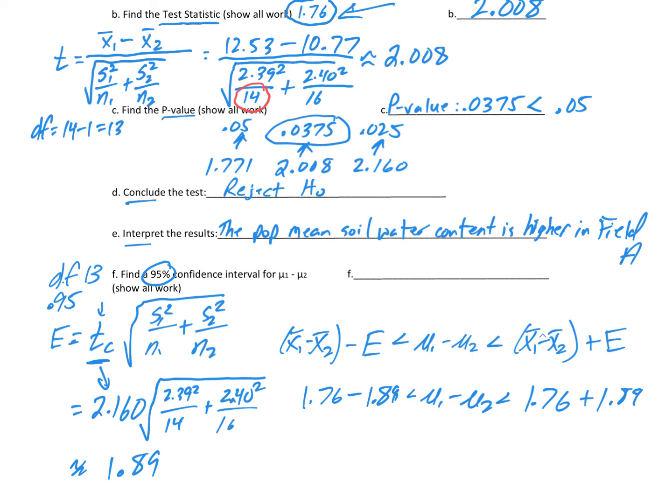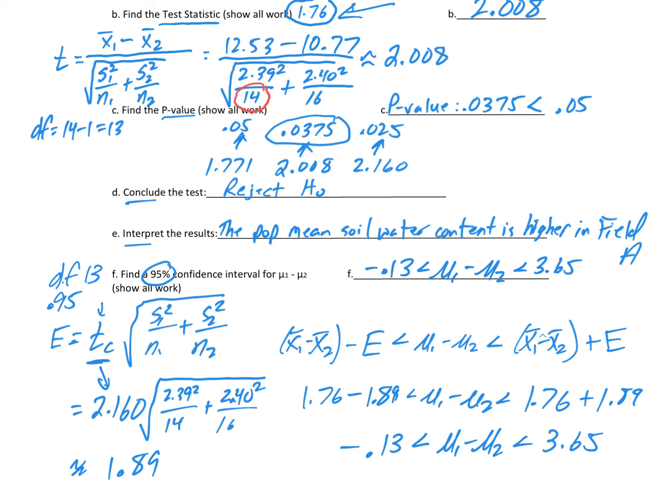So my interval goes from negative 0.13, the difference of mu1 and mu2, and 3.65. Let's write that one more time in our answer line: negative 0.13 less than mu1 minus mu2 less than 3.65.